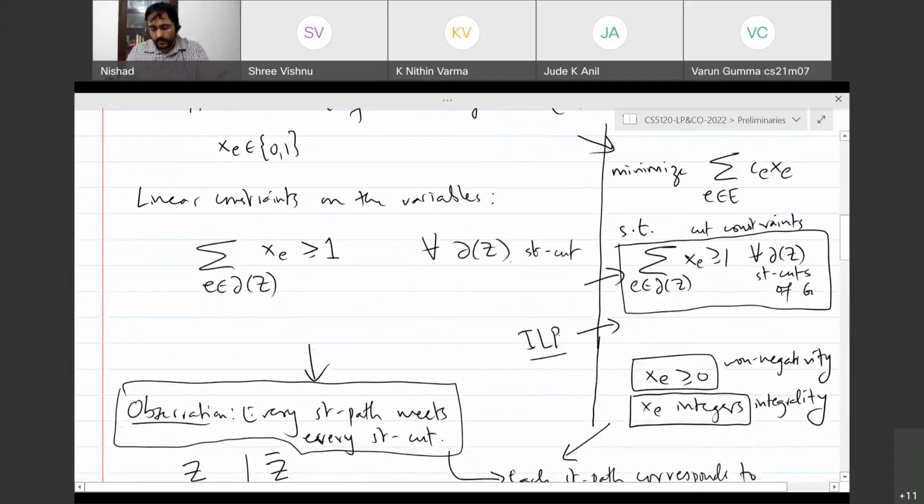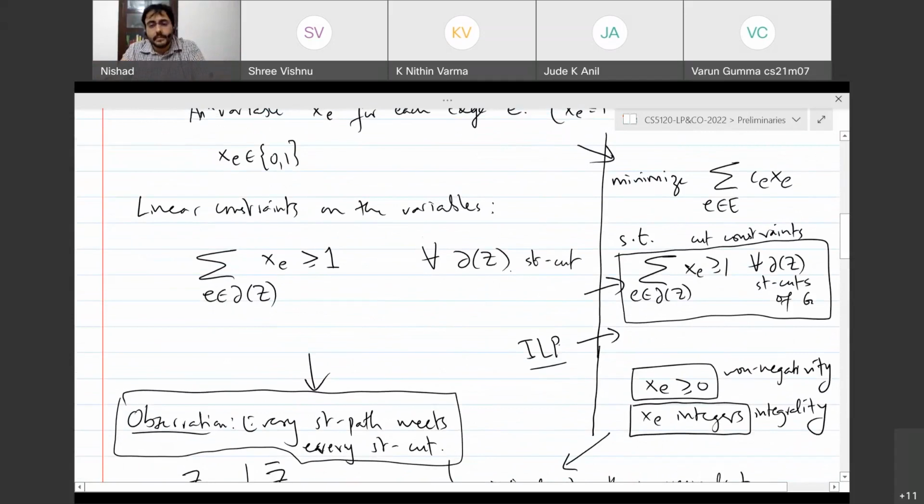This is what we wrote. So we are still minimizing the same thing, C transpose X. We still have non-negativity and integrality, but this one is different, because it's a different problem. What we want in this case is for every ST cut, we want to make sure that we are selecting at least one edge.